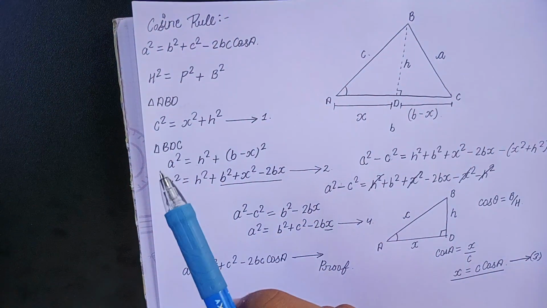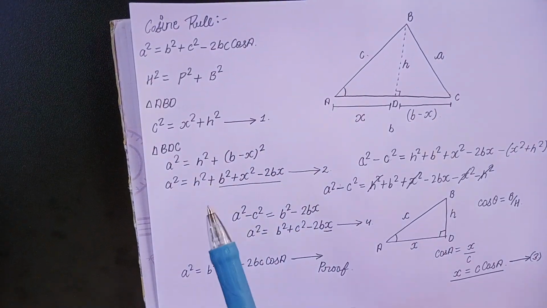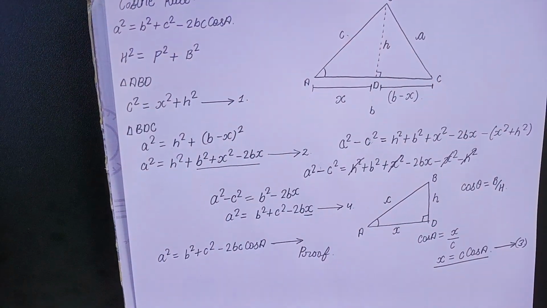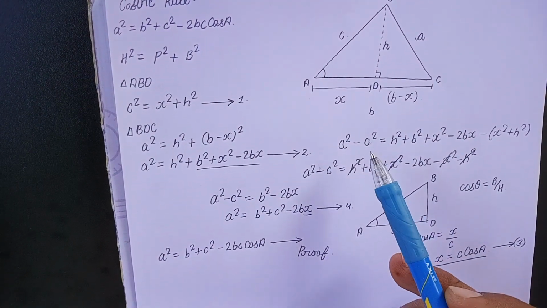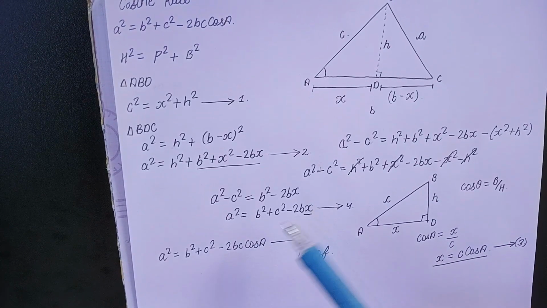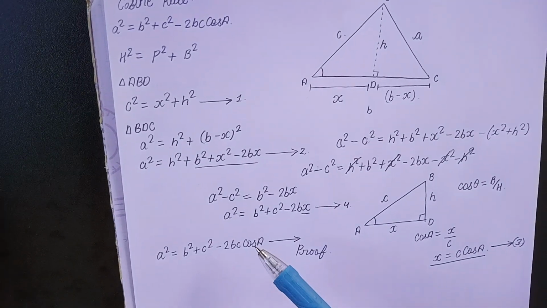On applying this, we have equation number 1 is this, and equation number 2 is this, and on subtracting equation number 2 from equation number 1, we write this equation. On solving further, we get this equation number 4: a square equals b square plus c square minus 2bx.